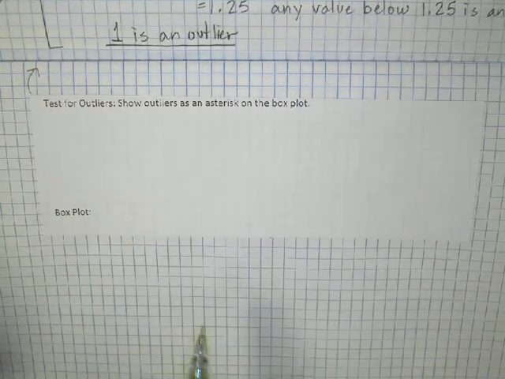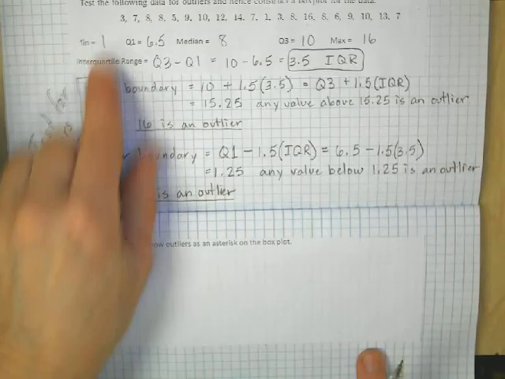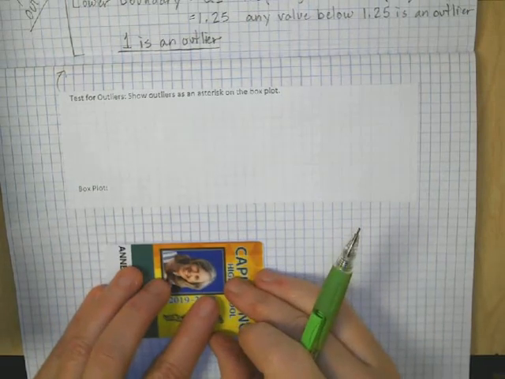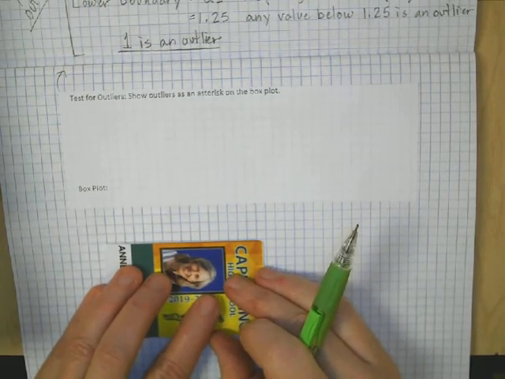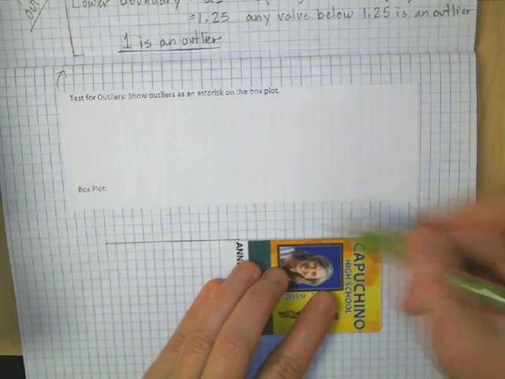So my numbers, my minimum was 1. If I look back up here, zoom out, my minimum value is 1 and my maximum is 16. So I'm going to set up my number line going from 1 to 16. So I'm going to do it down here. I have plenty of space. So, setting up a number line.